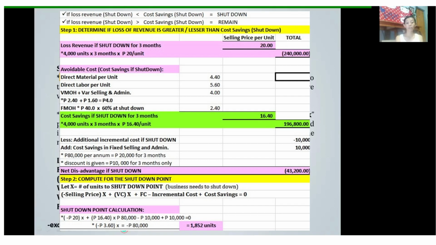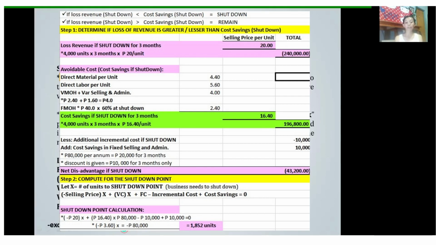So the shutdown point calculation is negative 20 pesos per unit times X, since we don't know yet the shutdown point or the number of units for the business to shut down, plus 16 pesos and 40 centavos for variable cost times the number of units, plus the fixed cost, which is 80,000 pesos, minus the incremental cost of 10,000 pesos plus the cost savings, which is 10,000 pesos.